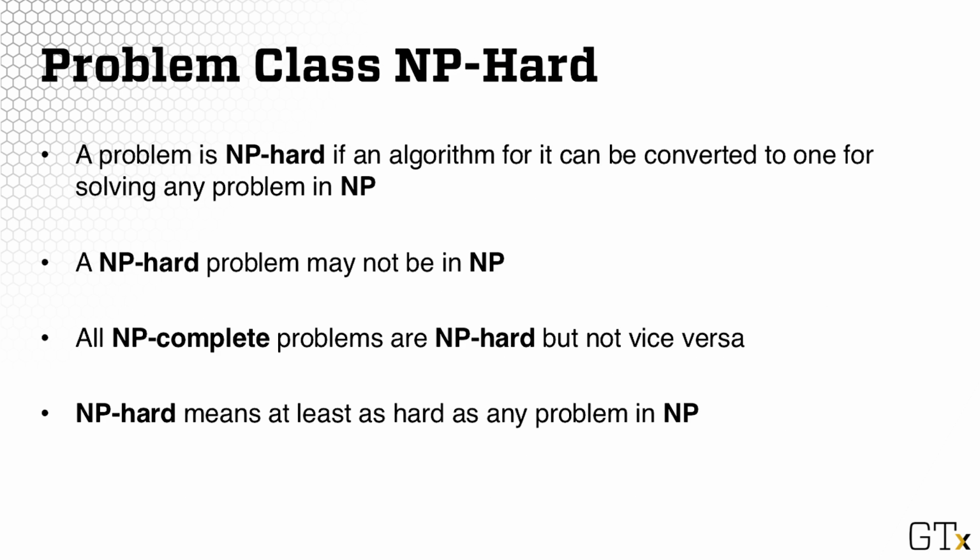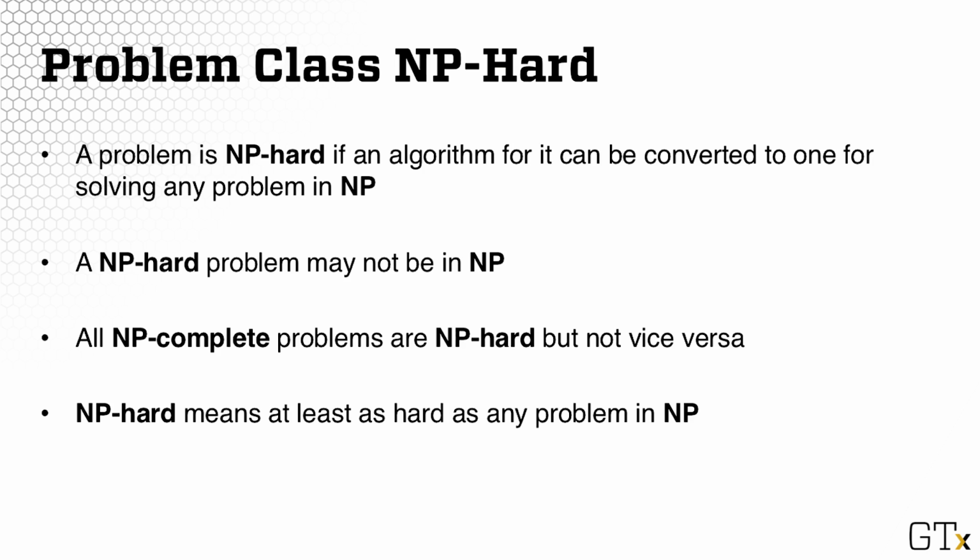A problem is NP hard if an algorithm for it can be converted to one for solving any problem in NP. So an NP hard problem may not be in NP. All NP complete problems are NP hard, but not vice versa, because NP hard problems are not necessarily in NP. And NP hard means that this problem is at least as hard as any problem in NP.